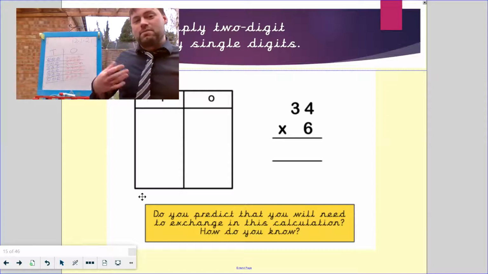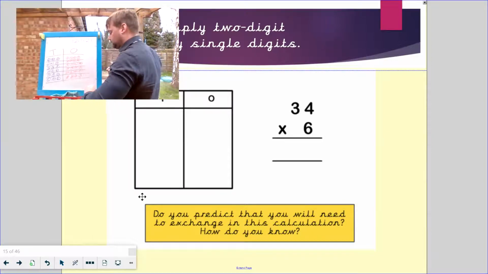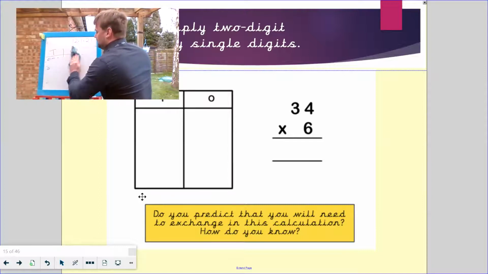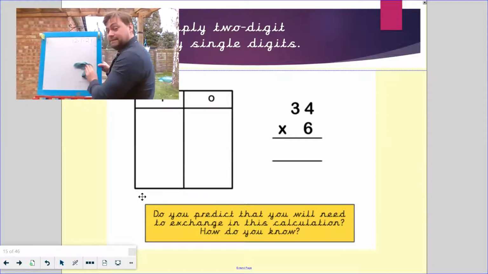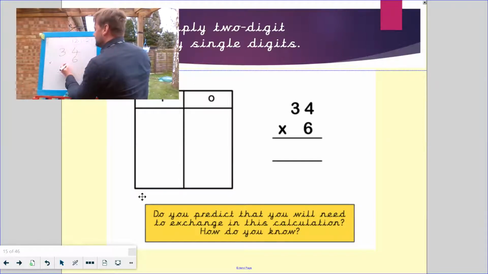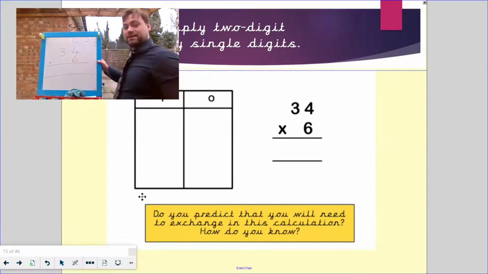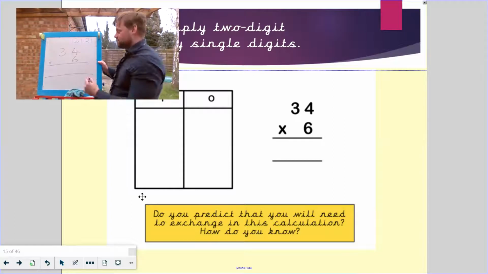So we are now going to multiply 34 by 6. And if you predicted what's going to happen, see if you're right. So 34 multiplied by 6. We do 4 times 6 first, and 4 times 6 gives us 24.